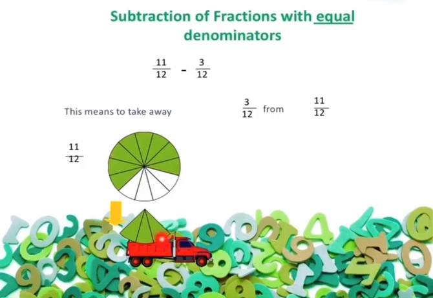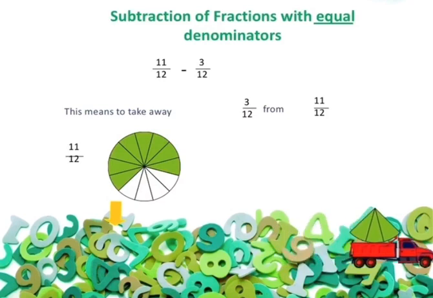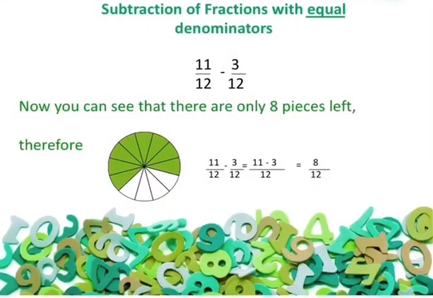If we take away the 3 by 12 portion, what will we get? The denominator will remain the same, and 11 minus 3, the difference between the numerators, comes to 8. So here you can see we are left with 8 pieces.